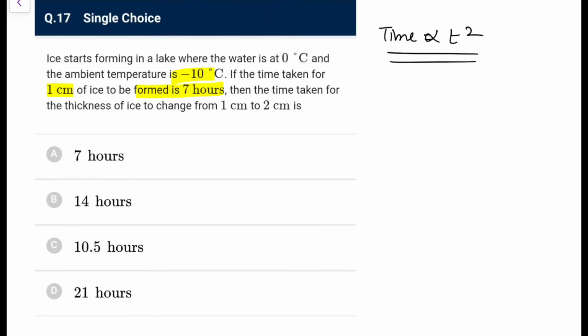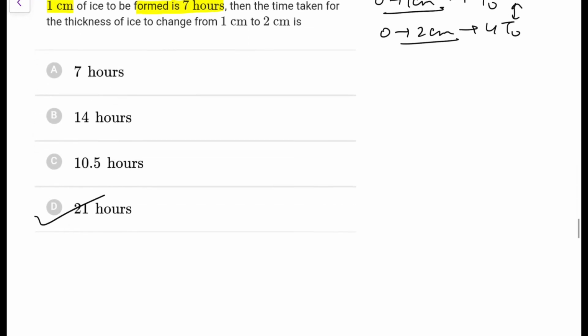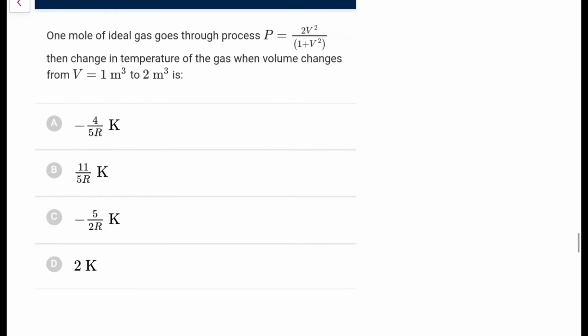So from 0 to 1 centimeter, let's say time is t naught. So from 0 to 2 centimeter, the time would be equal to 4 t naught. That means from 1 to 2, it would be triple the time taken to generate 0 to 1. That is triple, that means 21 hours. You can directly say this difference is going to be 3 t naught, which is 21 hours. So you can do directly by this. This is generally stated. You will see in books also that it is directly given.